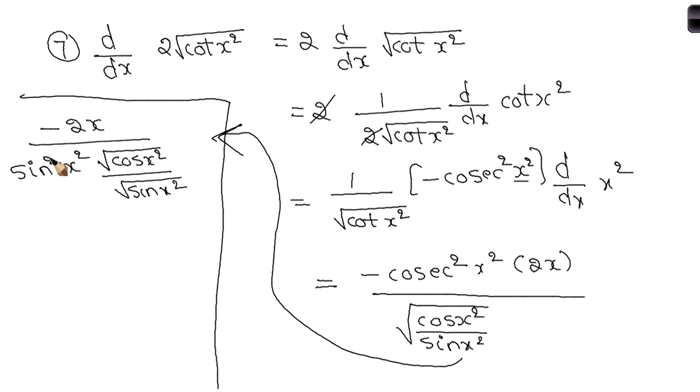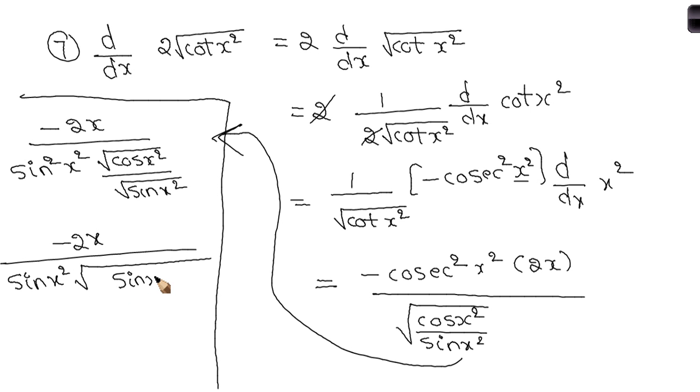So sin square x square becomes minus 2x by sin x square. I can write sin square x square as sin x square into sin x square. So out of one sin x square root, one gets cancelled, so I am left with root of sin x square into cos of x square.